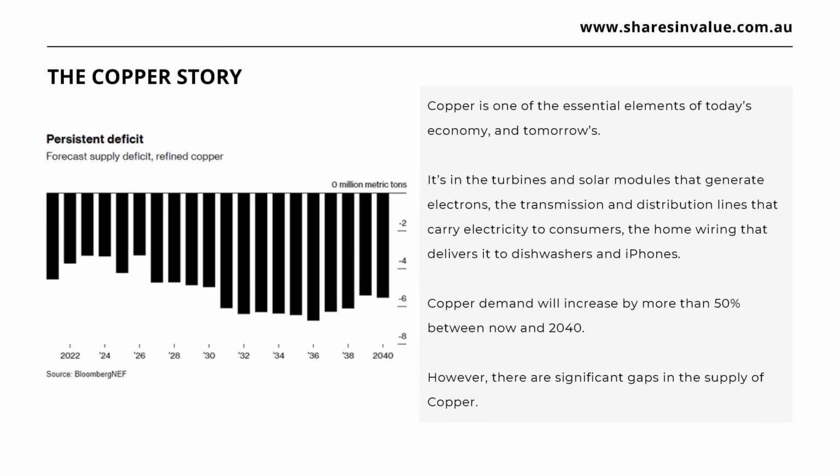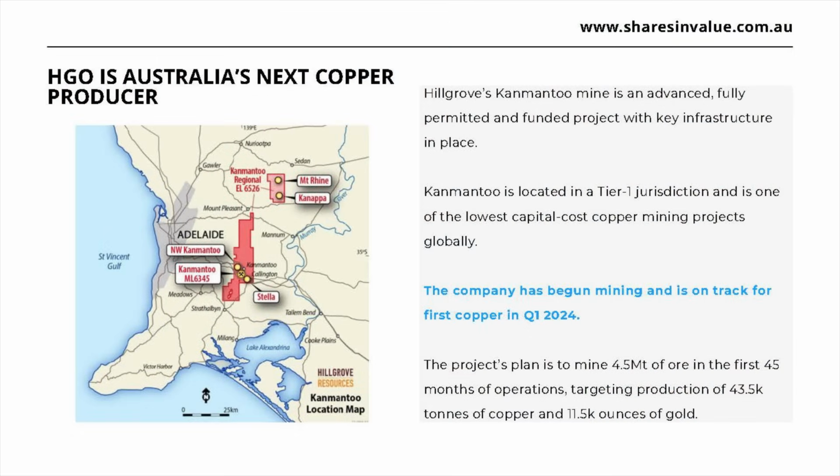And so again, looking at these stocks, I'm just going to try to mention growth, management, and funding as well. One of the reasons that we really liked HGO was that they were already funded through to production when we first recommended them. At the moment, they're already mining and stockpiling in preparation for producing copper.